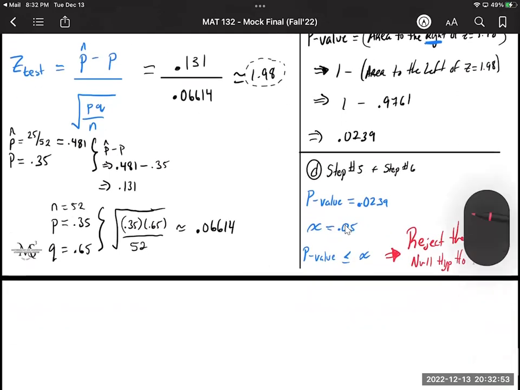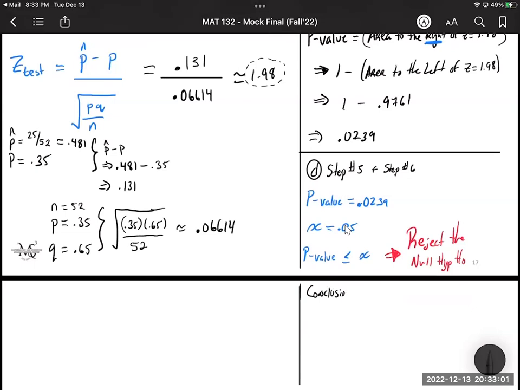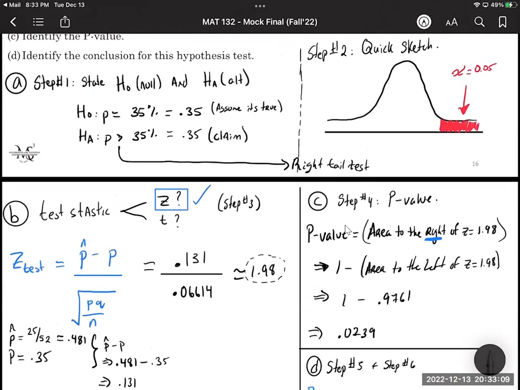So here's our conclusion. You write this out now formally. If we reject the null hypothesis, which was that the proportion we assume is equal to 0.35, then there's enough evidence to support your claim.